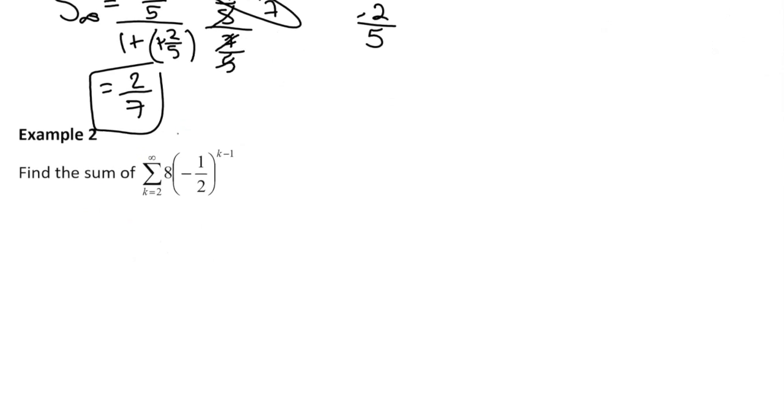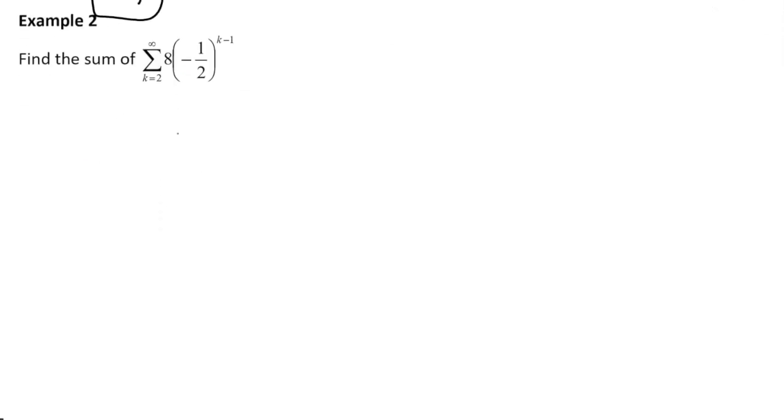Okay, for our next question right here, we have an infinite sigma question. Again, no new tricks here. We know that if you take this 2, you could plug that in there and you could list the first few terms. So let's do that. If you plug a 2 in there, then you get something raised 2 minus 1 to the power of 1. So your first term is going to say 8 times -1/2 to the power of 1.